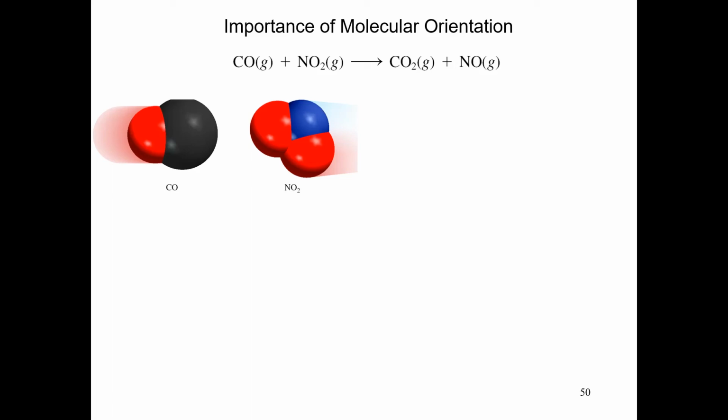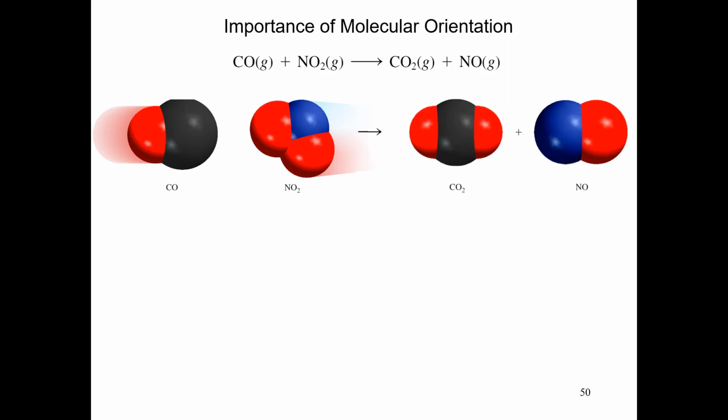So notice that if they collide in this orientation that I'm showing here, it is feasible to make that transfer. In other words, the carbon will collide with one of the oxygen atoms on the NO2, and that will facilitate the formation of the carbon dioxide, CO2. Notice that the NO2 loses an oxygen and it becomes NO, nitrogen monoxide.